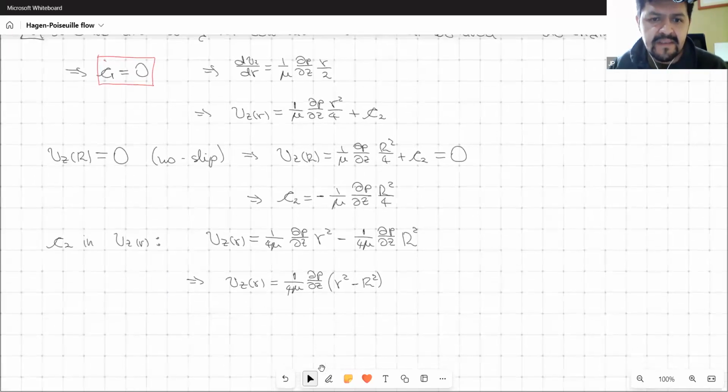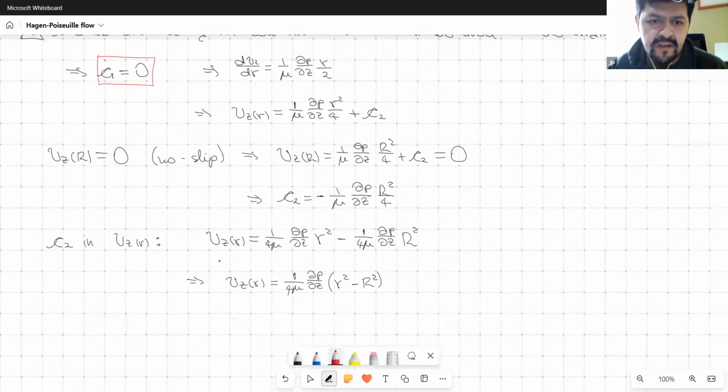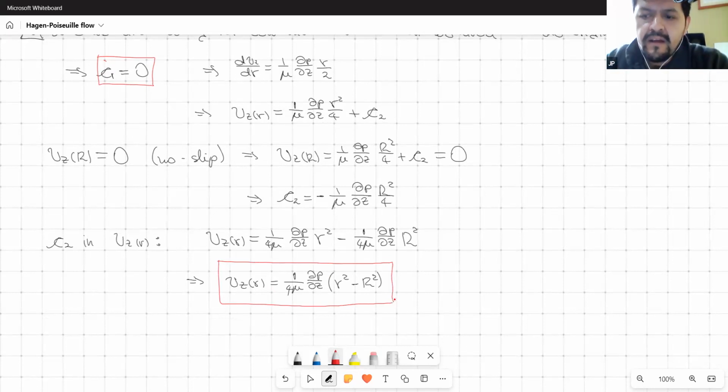And this is basically the general solution, which we know as the Hagen-Poiseuille flow solution for a Newtonian fluid flowing inside a pipe.